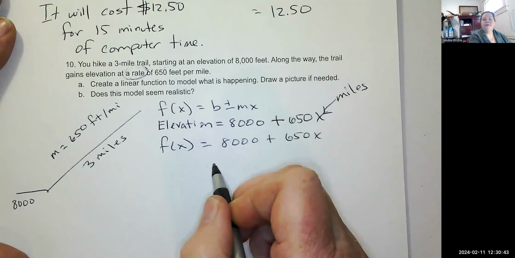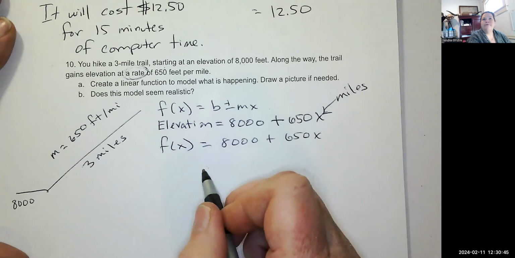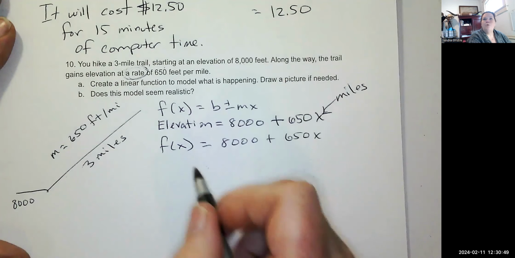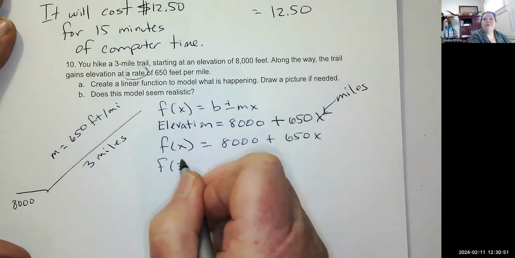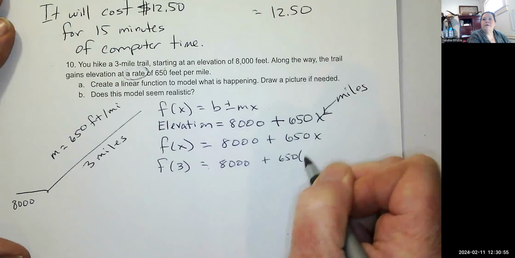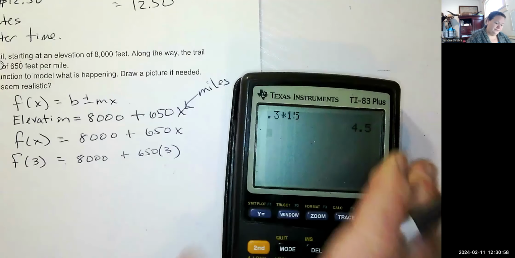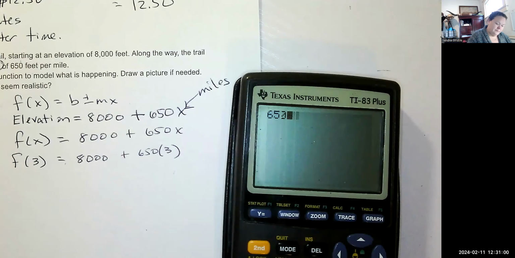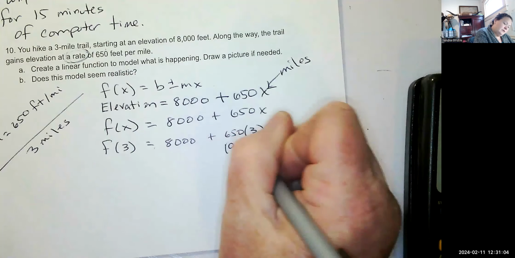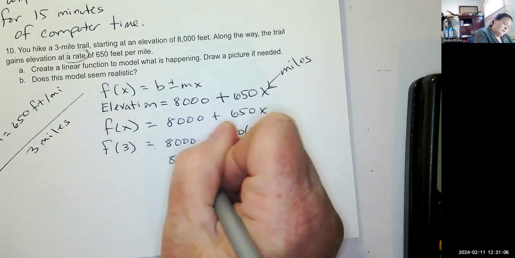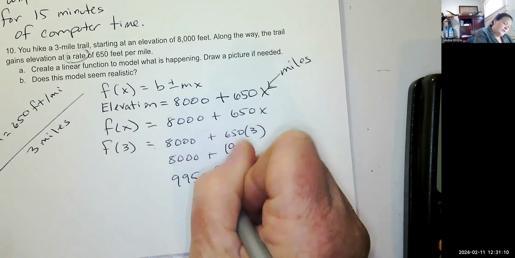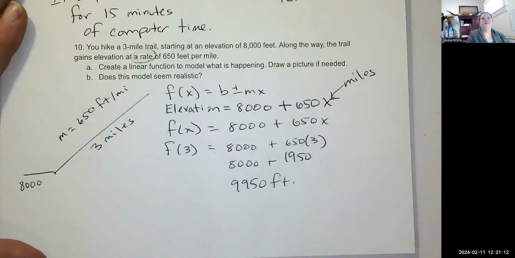All right. Now, that's our function, but we're saying it's 3 miles. So what does this look like at 3 miles? What would the elevation be? It would be 9,950 feet at 3 miles.